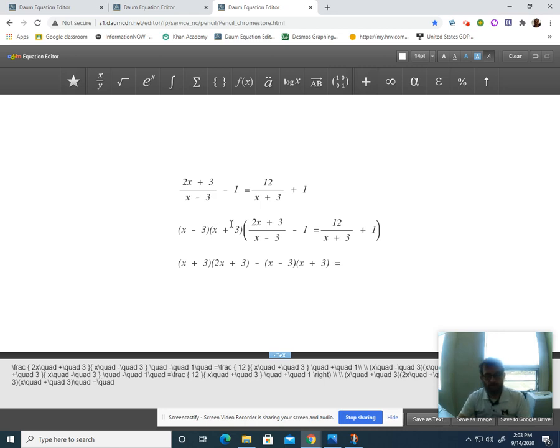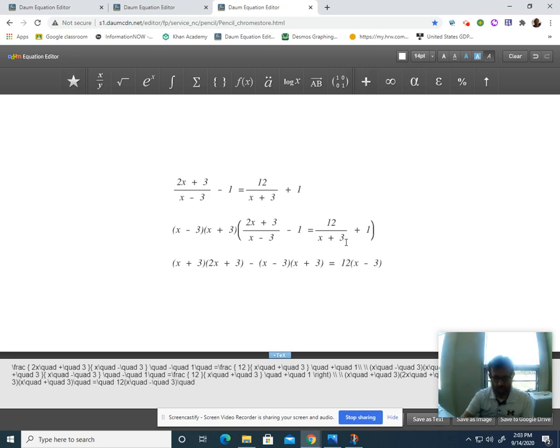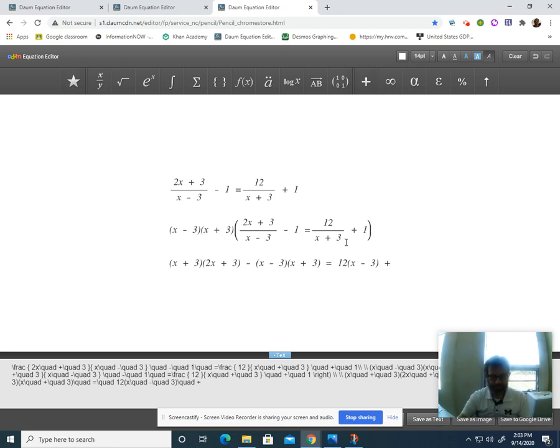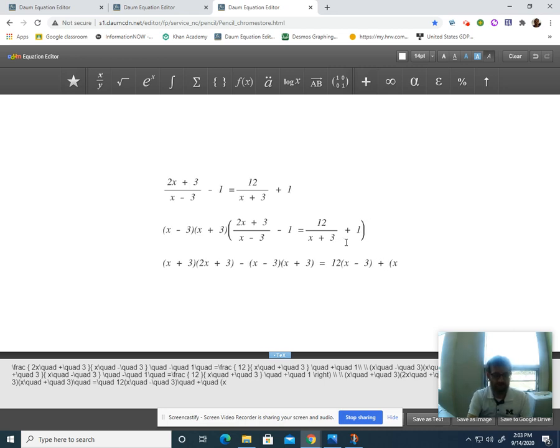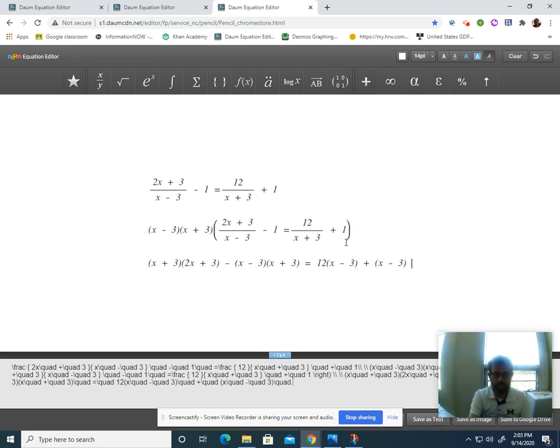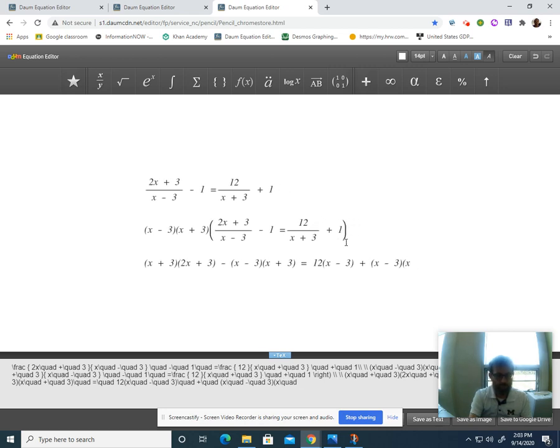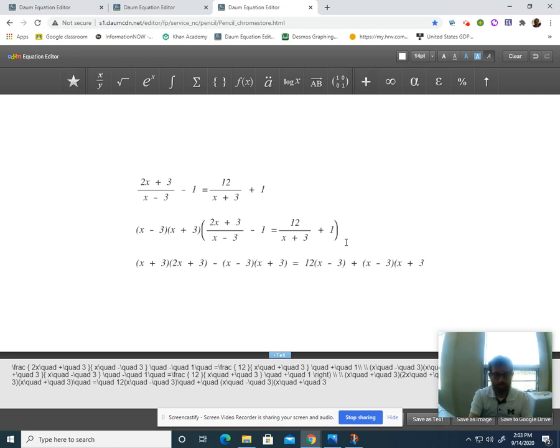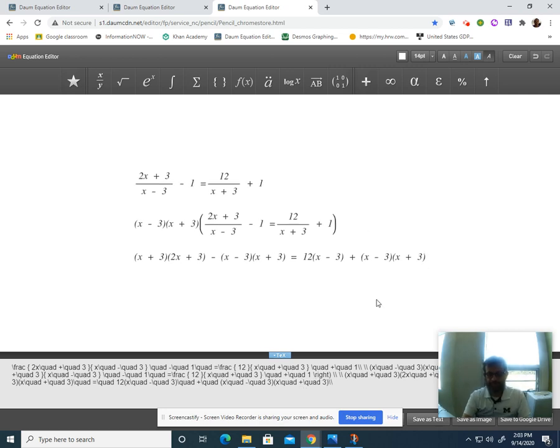And that equals, now when I multiply this by this, the x plus 3's cancel. So I'm left with 12 times x minus 3. You'll notice I switched the order on those just because it's convenient. And then lastly, again, we're going to have the same thing because we're multiplying by 1. Now, the fractions are gone.